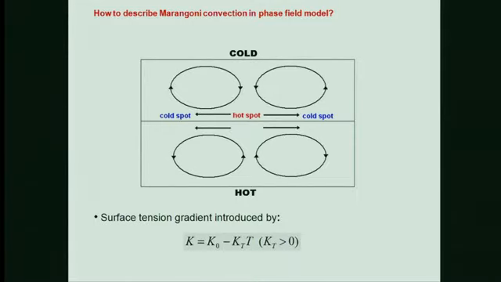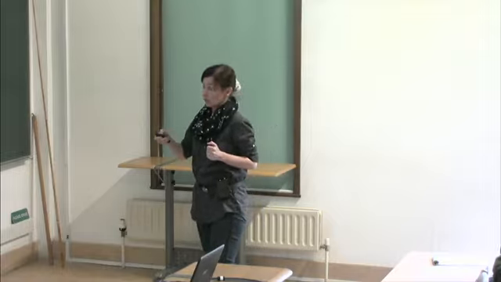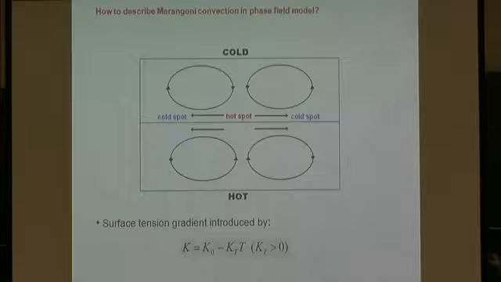So how to describe the Marangoni convection in the phase field model? We consider that the energy coefficient decreases with the temperature, because the surface tension coefficient usually decreases with the increase of temperature. So we have a system placed in a gradient of temperature. Here it's hot, up it's cold.